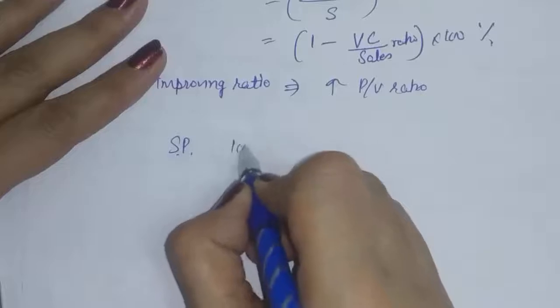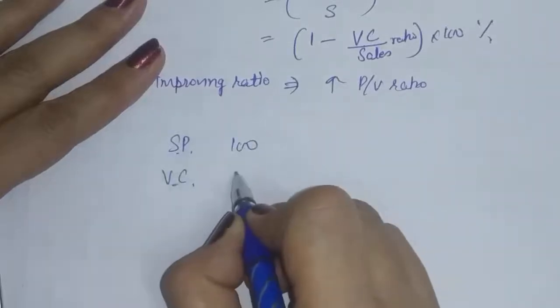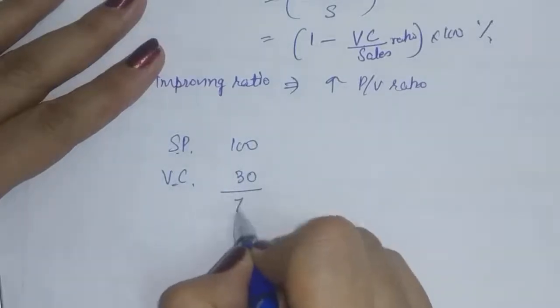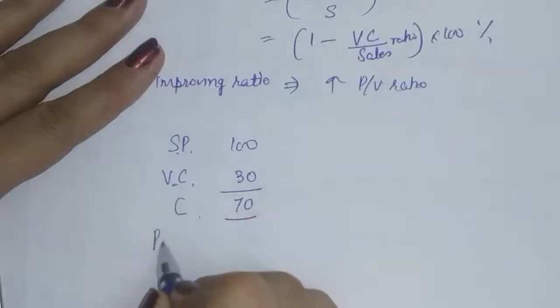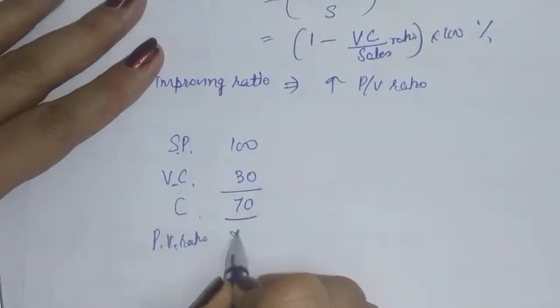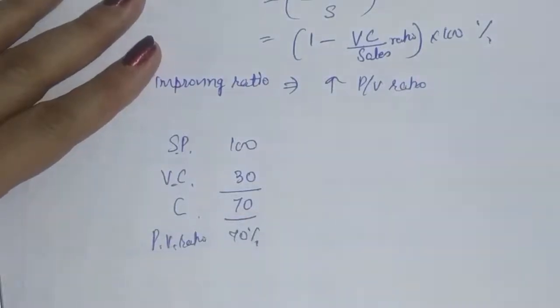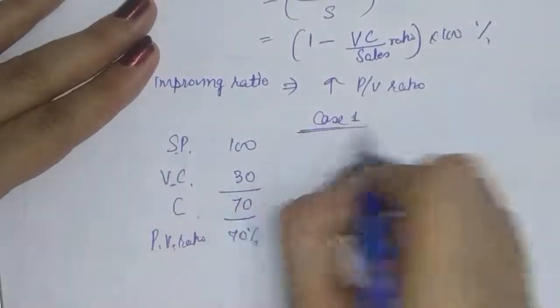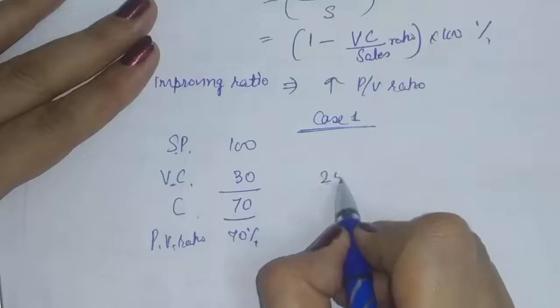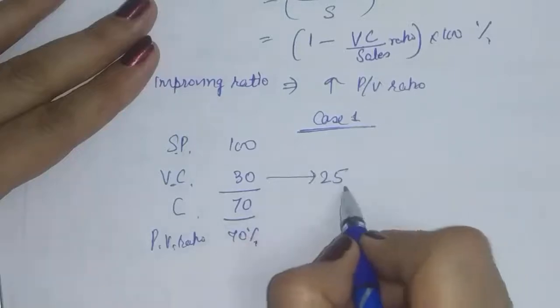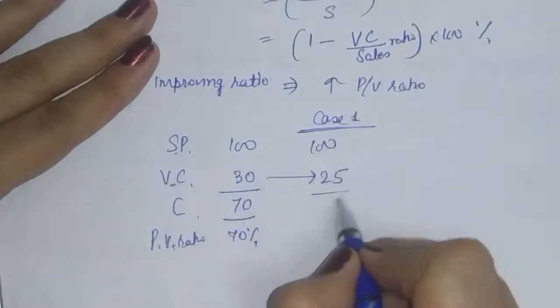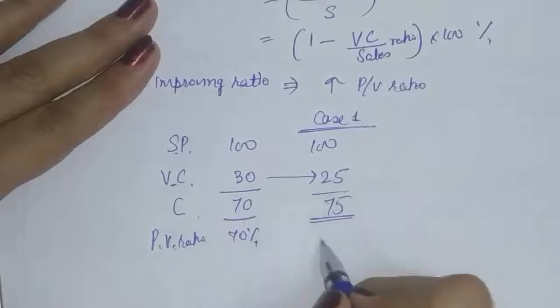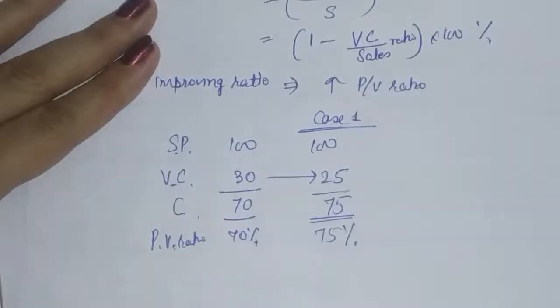Let us say selling price is 100, variable cost is say 30, giving you contribution of 70 and a PV ratio of 70%, right? Now, if you can control the cost, controlling the variable cost will imply maybe you are able to reduce it to 25. Assuming selling price to be same, your contribution will improve, your ratio will improve.